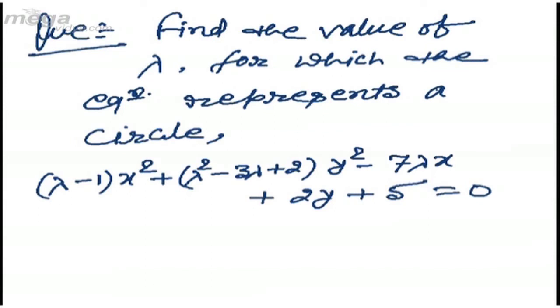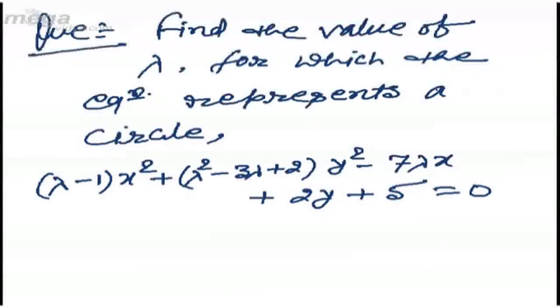When you substitute lambda equal to 1 here, this 1 minus 1 becomes 0, that is, the coefficient of x square becomes 0. Now here when you substitute lambda equal to 1, it becomes 1 square minus 3 plus 2. So this also becomes 0. That means the coefficient of y square is 0.